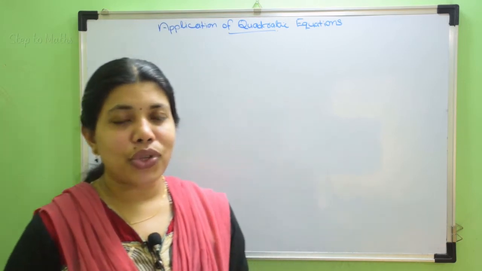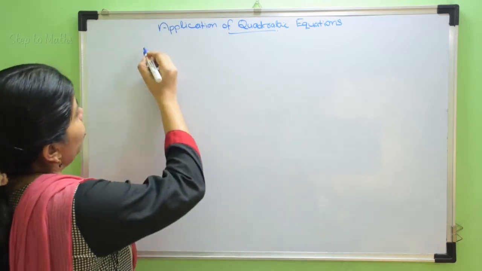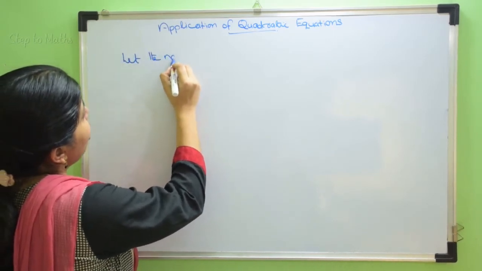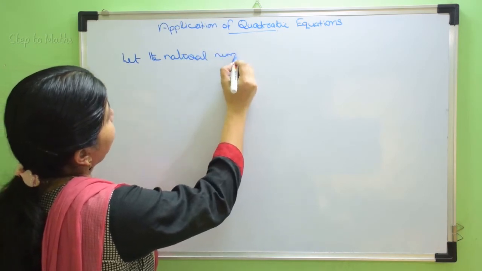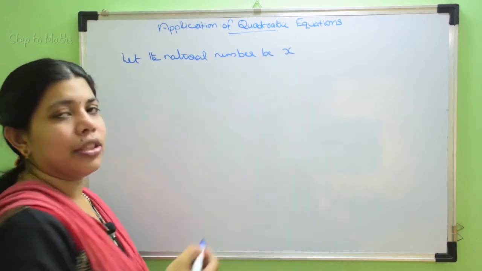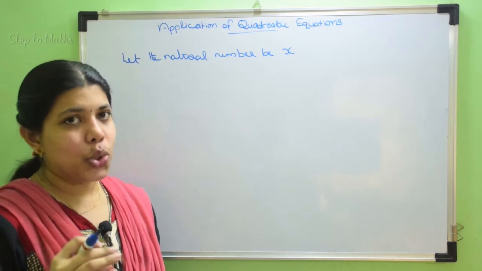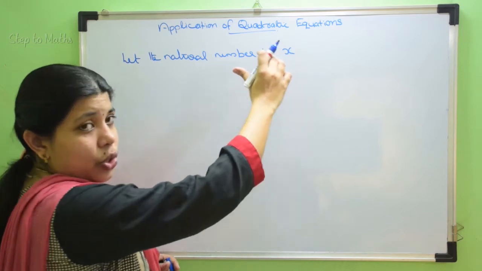The number 460 is divided by a natural number. So we can take, let the natural number be x. That means 460 is divided by x.